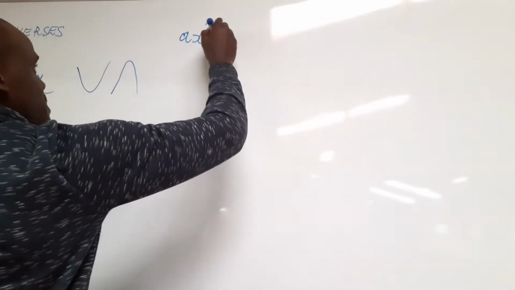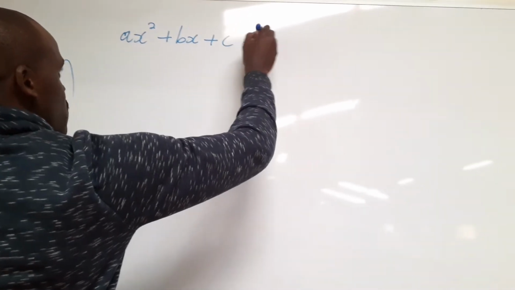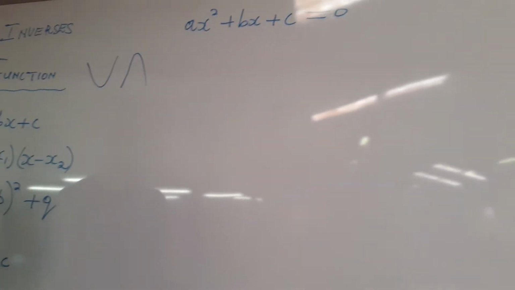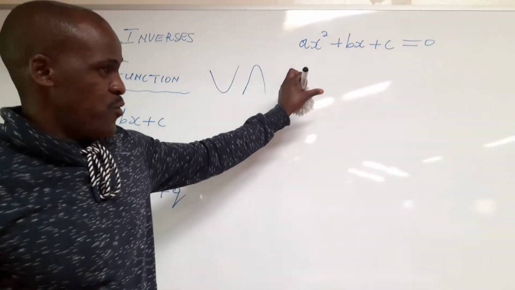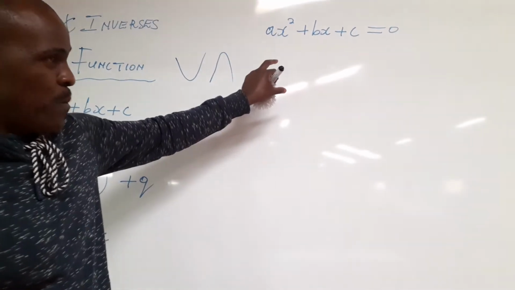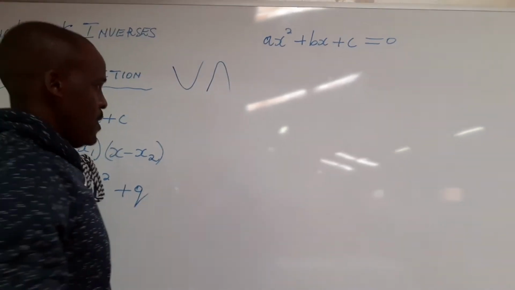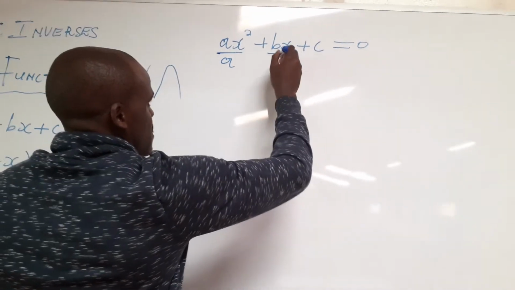If y is 0, you will be remaining with ax squared plus bx plus c equals 0 for the x-intercept. Then the next step is to factorize. If there are no factors, you complete the square. Let us solve for x here. Divide by a.